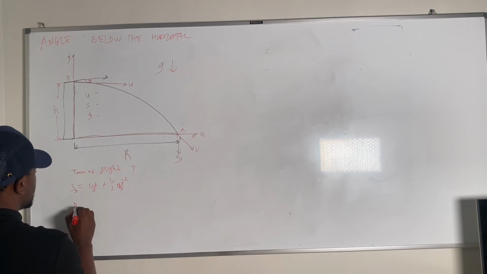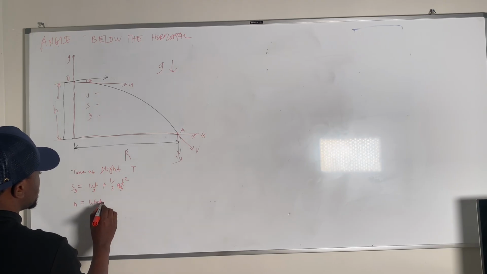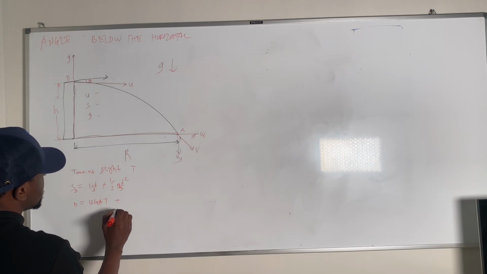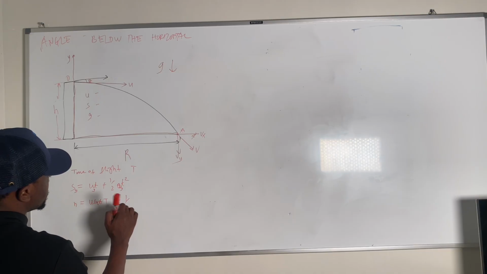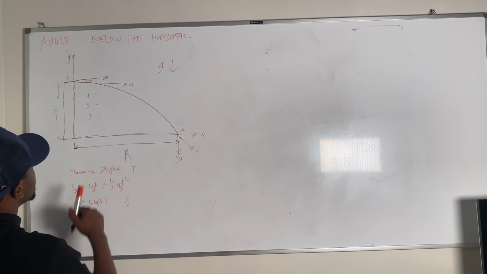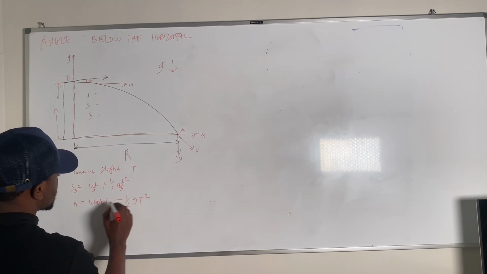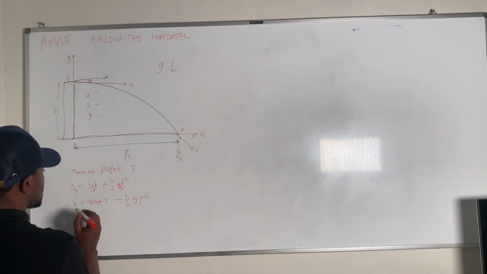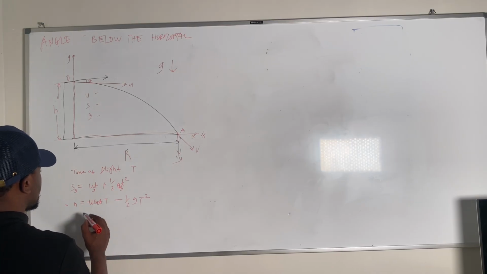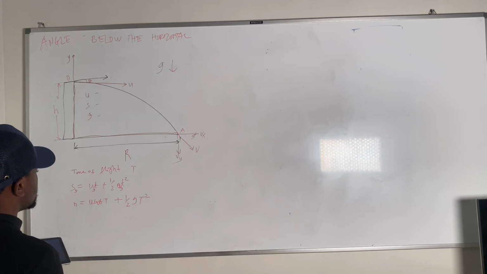So h is equal to u sine theta times t plus a half acceleration in y direction, which is negative g, t square. So this is minus minus and this is minus, which is the same as writing positive positive positive. So h is equal to u sine theta t plus a half g t square.